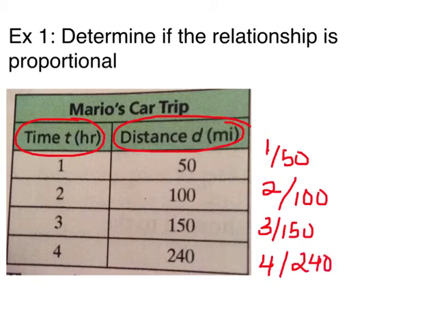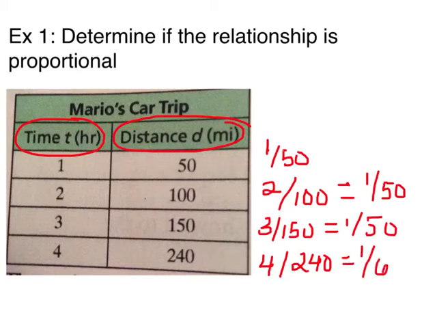If I reduce each one of these, 1 over 50 is already in simplest form. 2 over 100 reduces to 1 over 50. And 3 over 150 reduces to 1 over 50. And 4 over 240 reduces to 1 over 60.